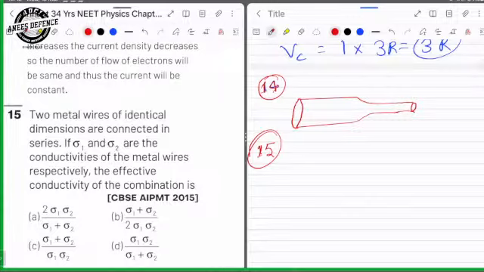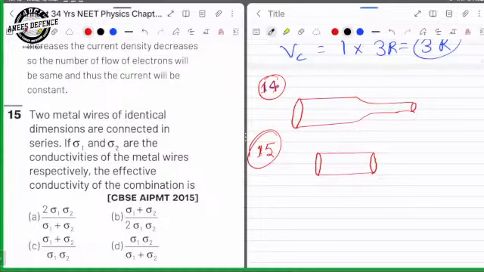Two metal wires of identical dimensions are connected in series. Look, two metal wires of identical dimensions means cross section area is the same and length is the same. Yes or no?